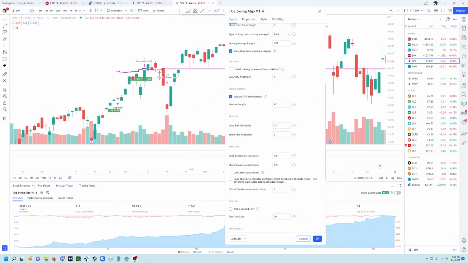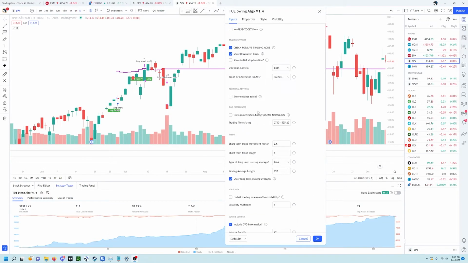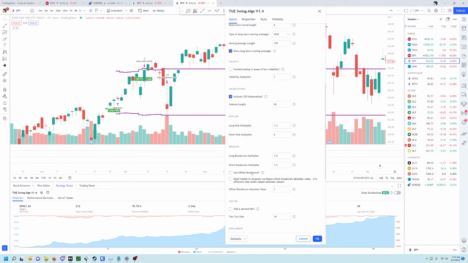All right, next we'll look at the risk multiplier for the stop loss. Let's turn on our stop loss lines. This is a really interesting number, and I'll show you more as we go through the adjustment videos. Essentially, right at your stop loss, if this is too close, you're going to cut out a lot of good trades.